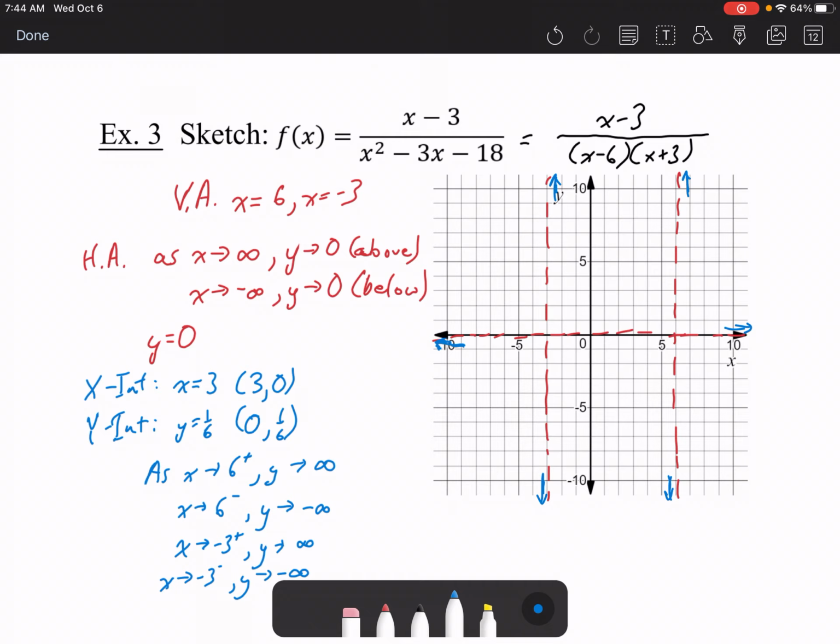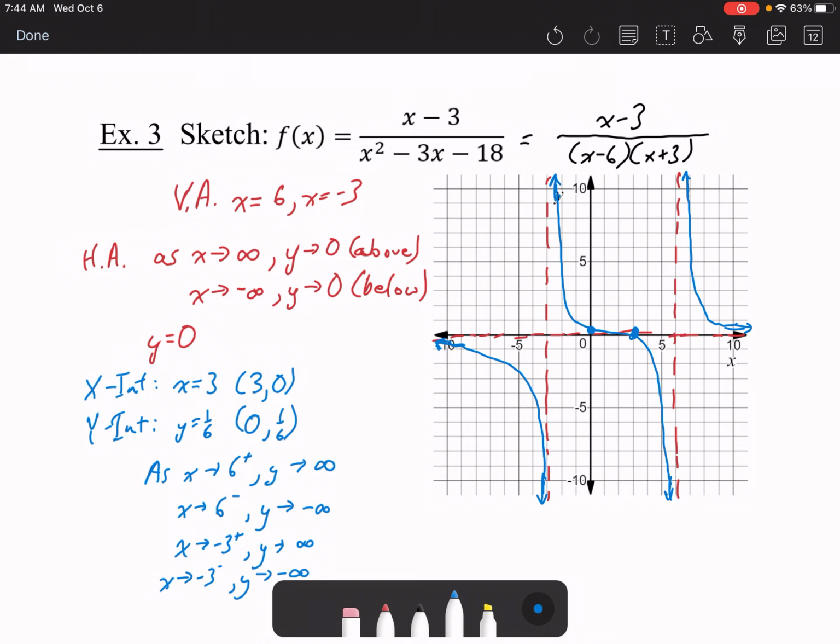We only have two intercepts: an x-intercept at x equal to 3, or (3, 0), and a y-intercept at (0, 1/6). So get close to those asymptotes, follow the function, and draw.